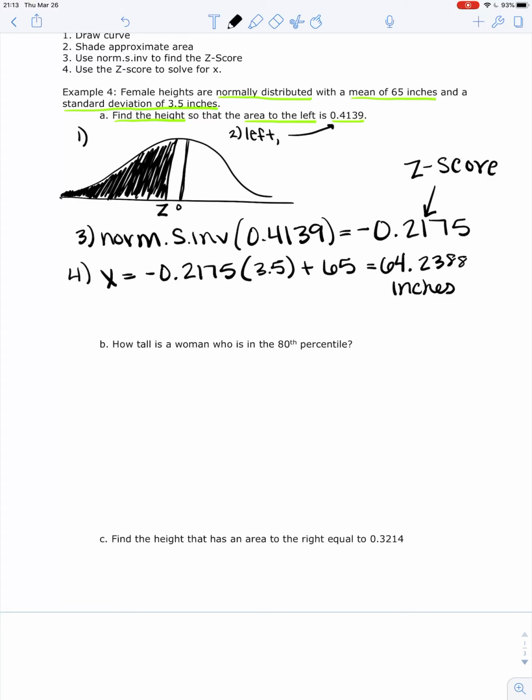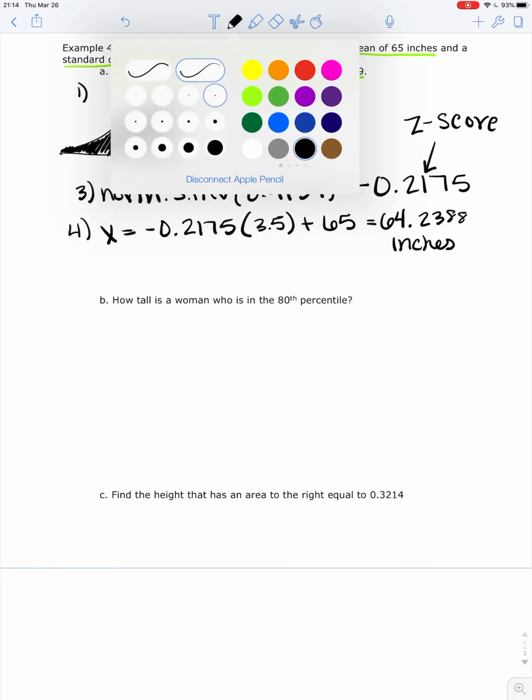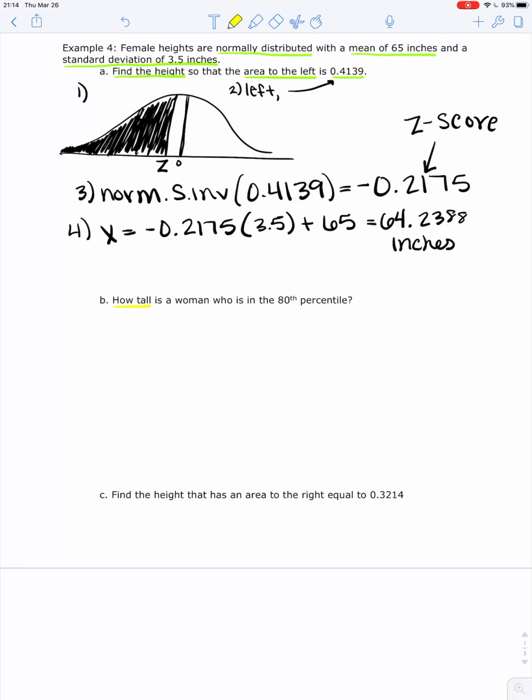So there's one example. So now let's look at another one. How tall is a woman who is in the 80th percentile? So what is important here? Well, we've got how tall is a woman, not what is the probability. So how tall is a woman?